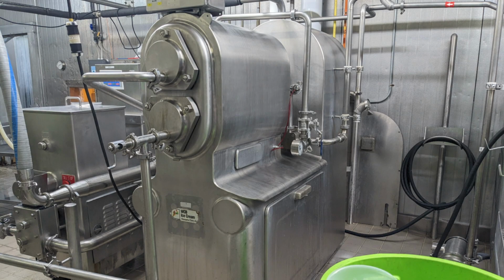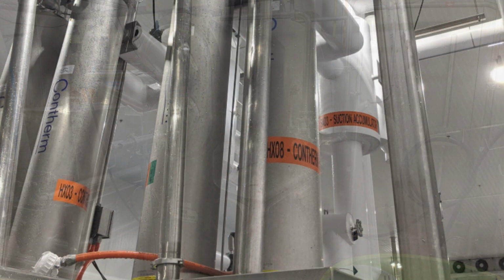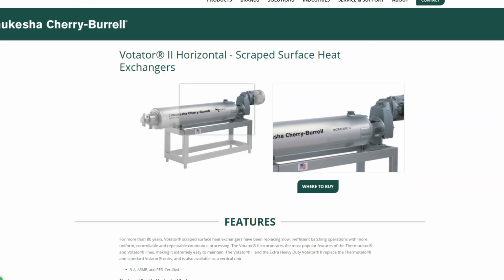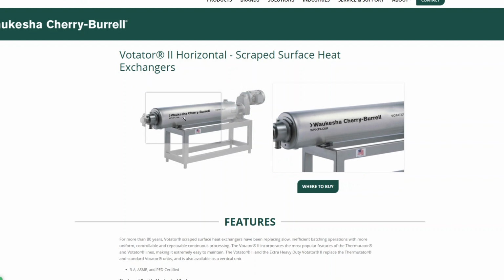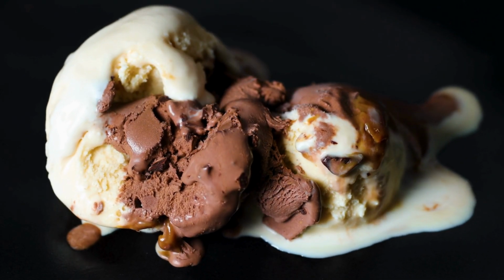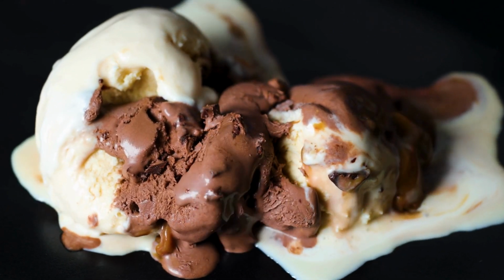As the product moves through the cylinder, the refrigerant cools the product through the wall cylinder. This setup ensures efficient and consistent heat transfer while minimizing the risk of fouling, freezing, or overprocessing. Scrape surface heat exchangers are used to cool thick products such as oil, chocolate, sauces, jams, custards, and ice cream.